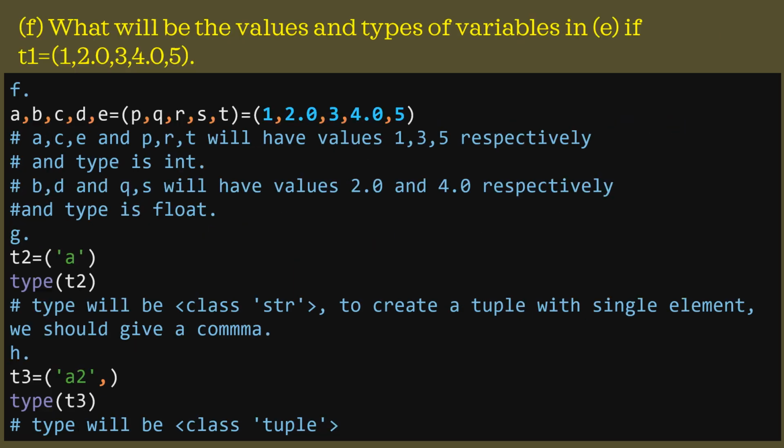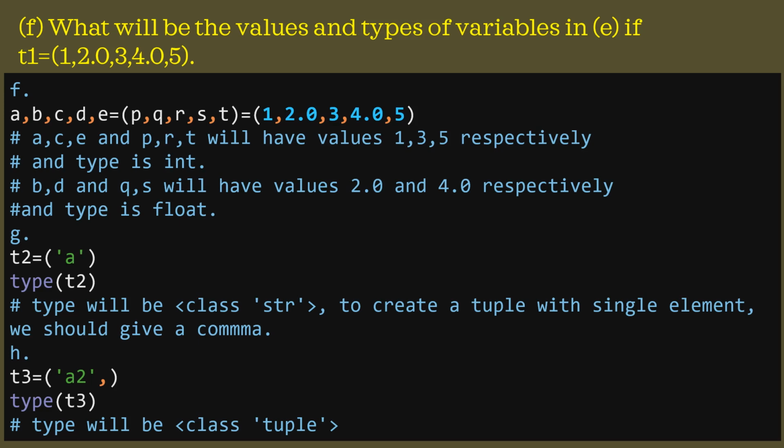Now what will be the values and types of variables in E if t1 is equal to 1, 2.0, 3, 4.0, 5 in a tuple? In that case, you can see there are 5 variables a, b, c, d, e, which are assigned to another 5 variables p, q, r, s, t, and that is assigned with 5 values: 1, 2.0, 3, 4.0 and 5.